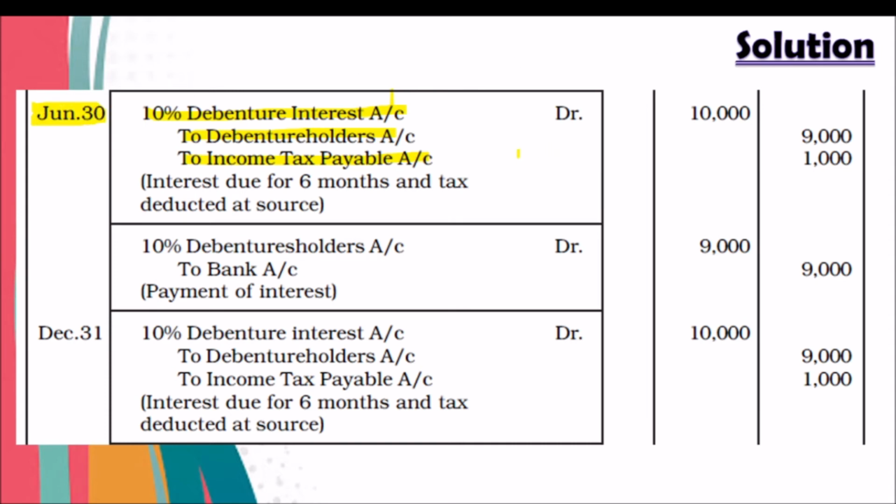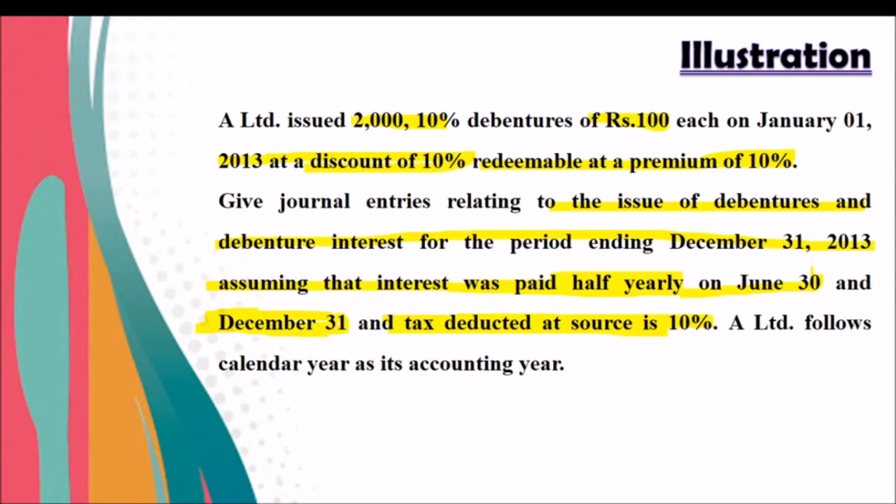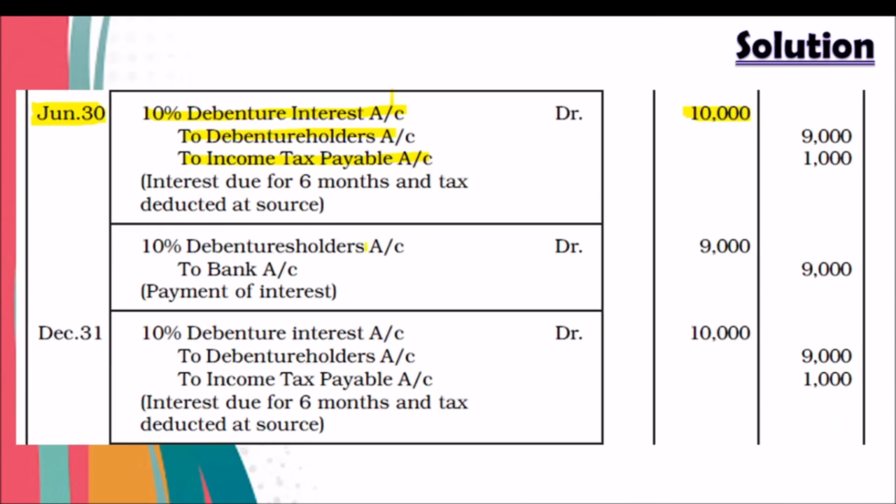Total 20,000. How are we getting the 20,000? 2,000 into 100, that we will get 2 lakh, into 10% is the interest. 2 lakh into 10%, that is 20,000. So out of that, half year interest is 10,000, and 10% is the income tax, so 1,000. Balance will be given to the debenture holders, 9,000.